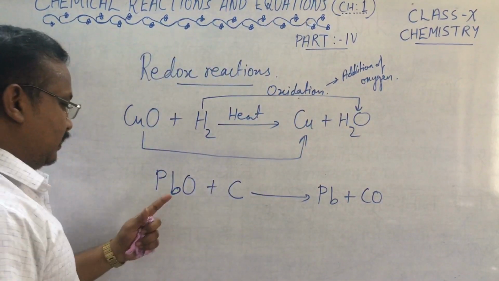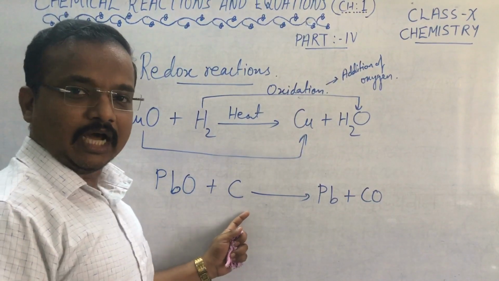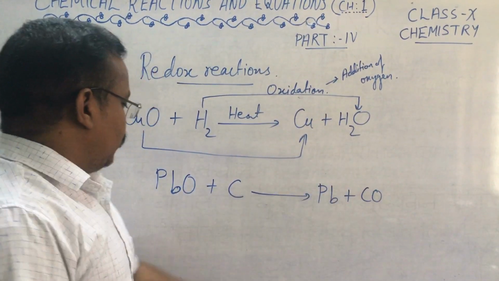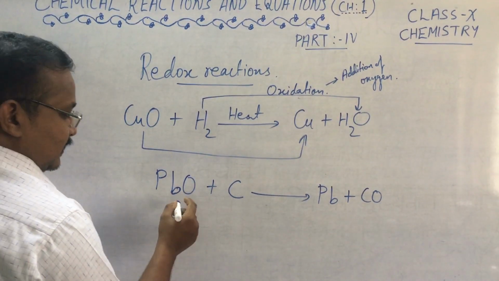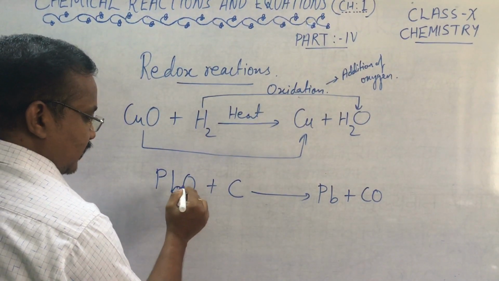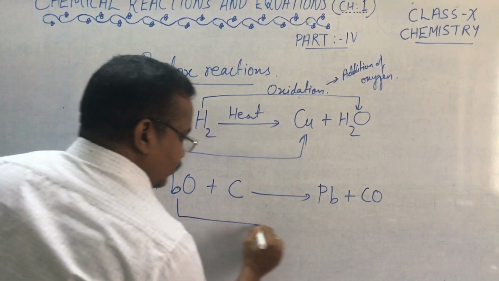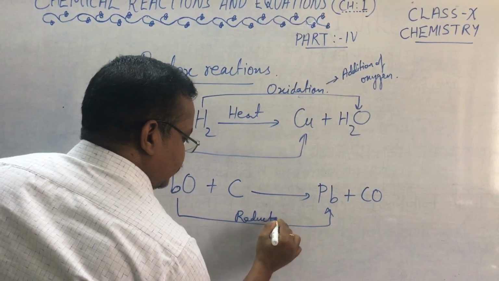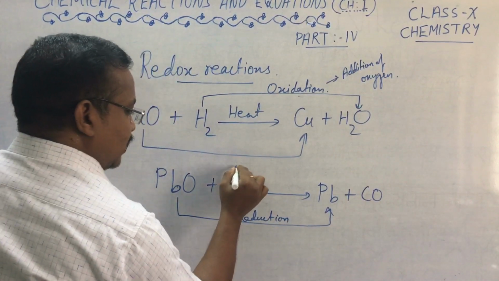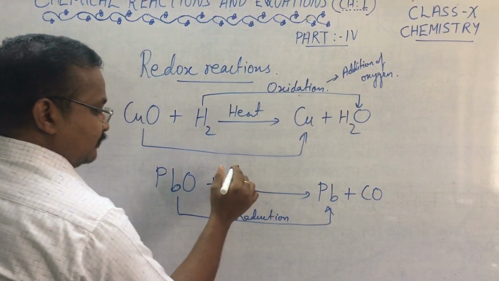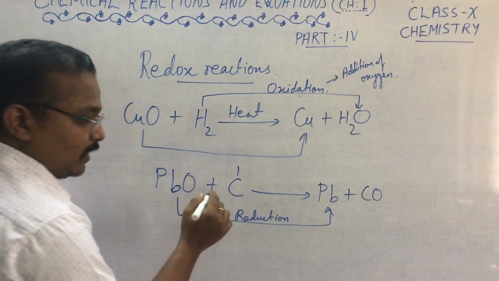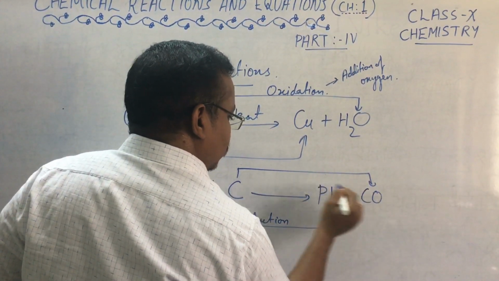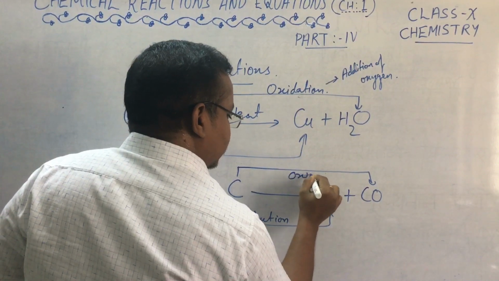Here also you can see that from lead oxide oxygen is removed, so we can say this is reduction, and to the carbon atom oxygen is added to form carbon monoxide, that is called oxidation.